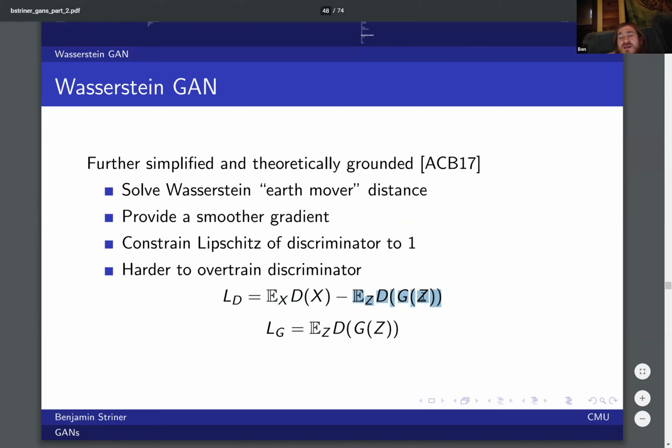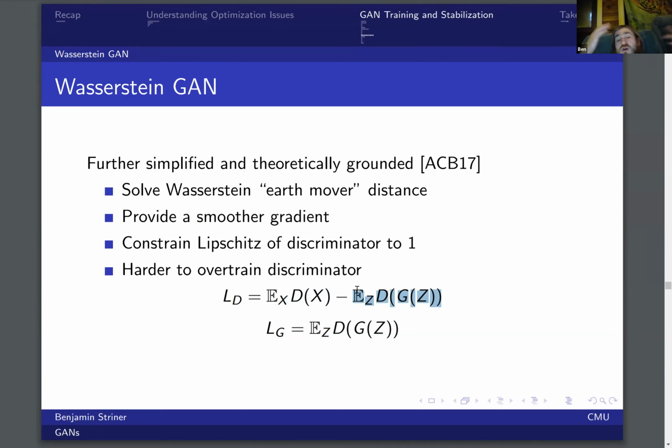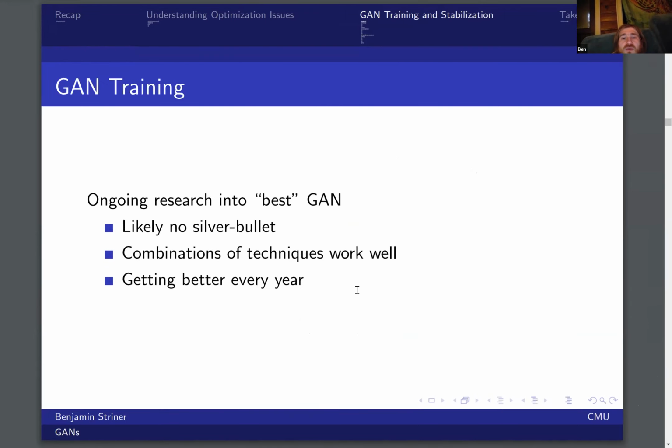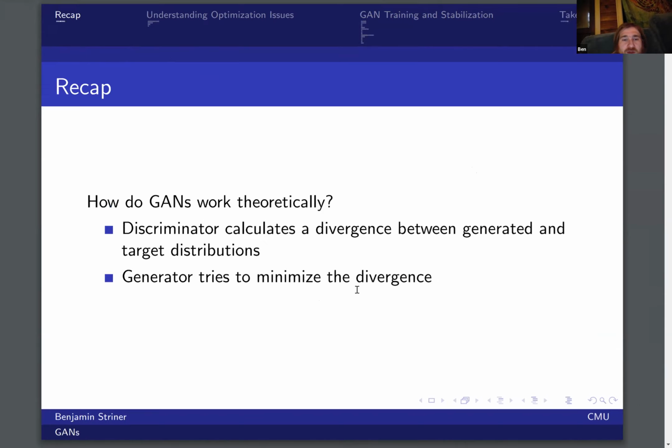So generated data, so z goes into your generator, and then that goes into your discriminator. So your discriminator looks at real data, it looks at fake data, and your loss is the expectation over real data minus the expectation over fake data. And we can compare that to all the way back at the beginning.